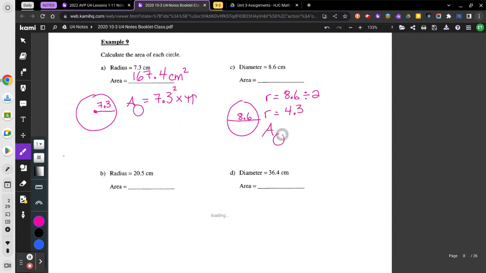So area of this circle is going to give us our 4.3 squared times pi. So 4.3 squared times pi. And that's going to give us 58.1. So we get 58.1 centimeters squared.